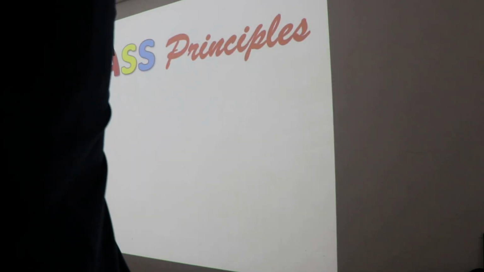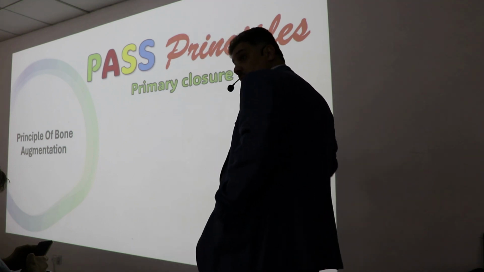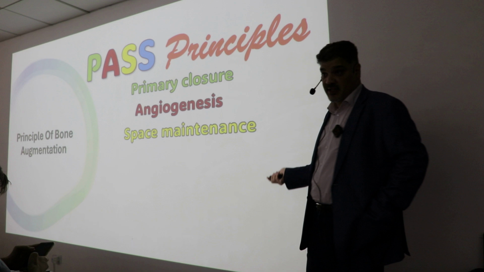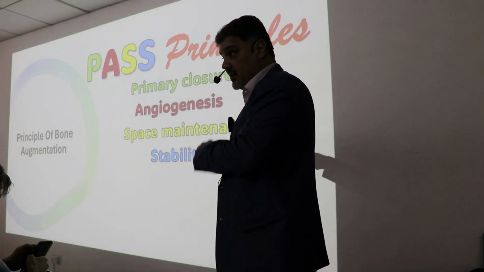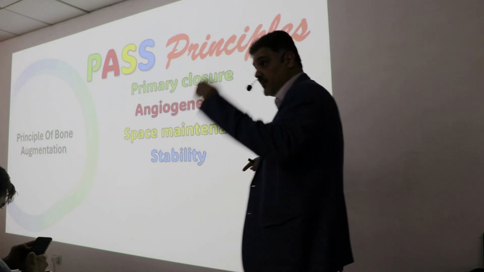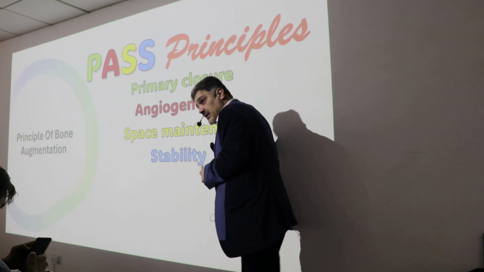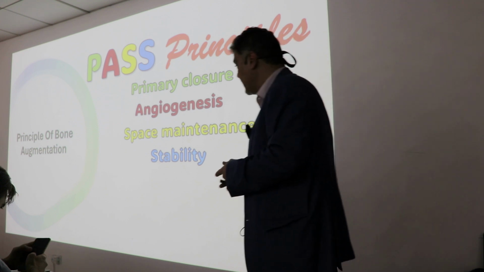What I prefer is the PASS principles: P, primary closure; A, angiogenesis; S, space maintenance; and the second S, stability. This is the lecture I promised to put in the group as a PDF, the full lecture, because we discuss each one in detail, how we do it and the different techniques for each one.